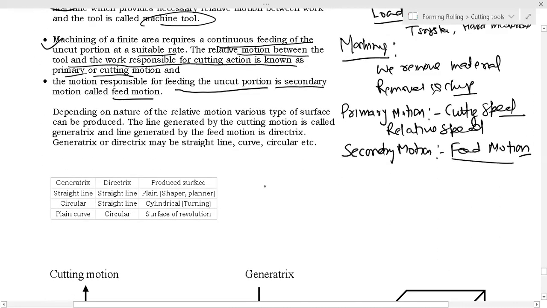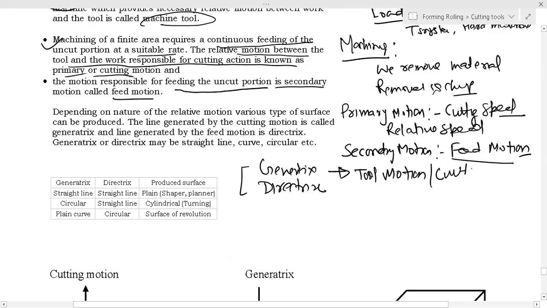So what is directrix? Directrix and generatrix, two things are there. The tool motion or cutting speed, I'm directly writing to make you understand.